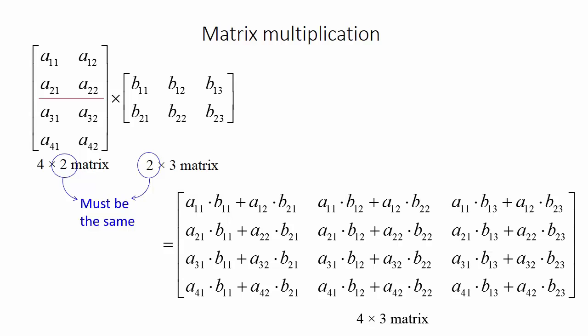You take the second row, multiply these two elements by the two elements in the first column of the second matrix, and that becomes your matrix element on row number 2 but column number 1, and you keep going. So as you can see, all the elements in the rows of the first matrix keep their row number, and all the elements in the columns of the second matrix keep their column number.